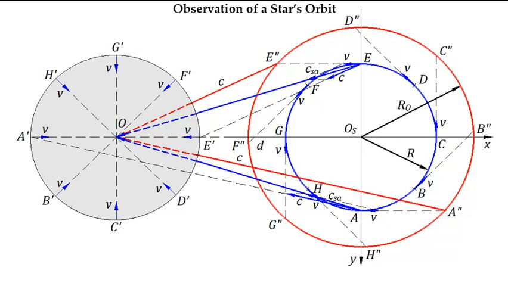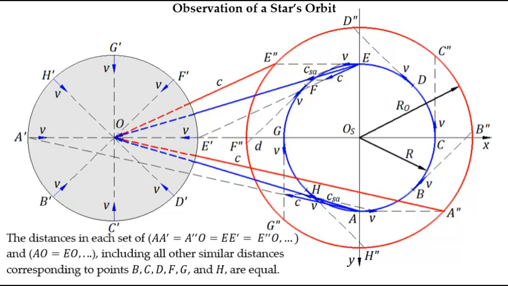The observed star orbit of radius RO is centered on OS. The view is from the back right of the observer, which enables a clear image of the actual and observed orbits.